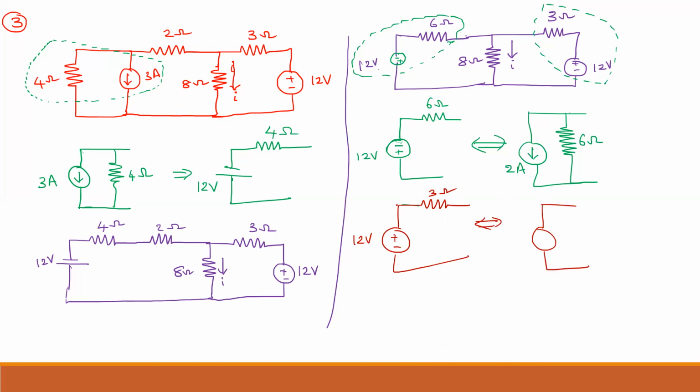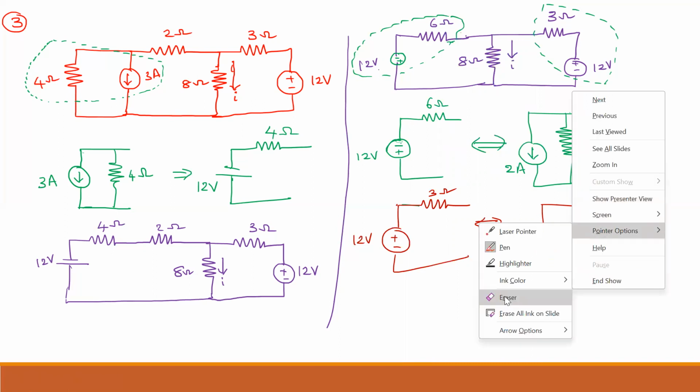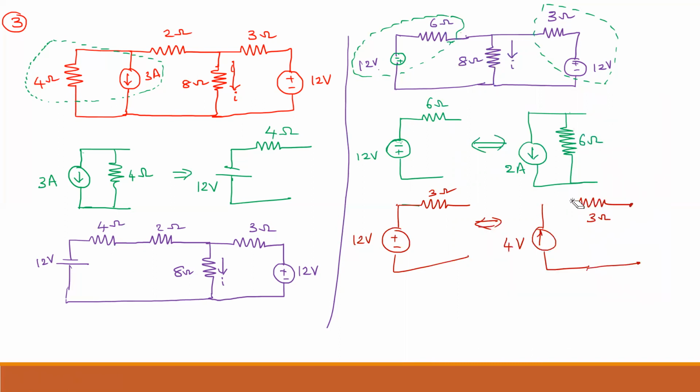It is upward because the positive terminal is in the upward direction. You can remember it that way. And 12 by 3 is 4 ampere. And the series resistance will be the same as your given resistance, 3 ohm. Now if you substitute over here, these two should be connected in parallel, no?